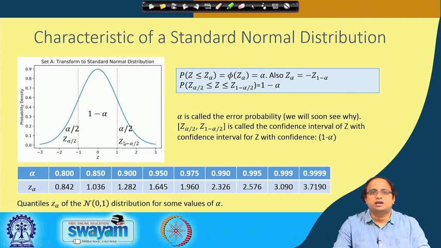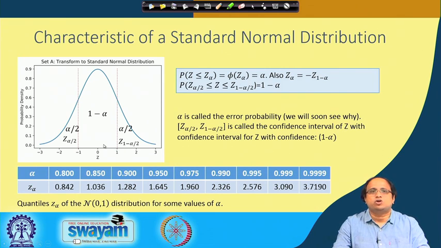The cumulative value, phi of Z alpha, indicates the probability that the Z statistic takes a value less than or equal to Z alpha. So, P(Z less than or equal to Z alpha) is nothing but phi of Z alpha, and that is equal to alpha in this curve.